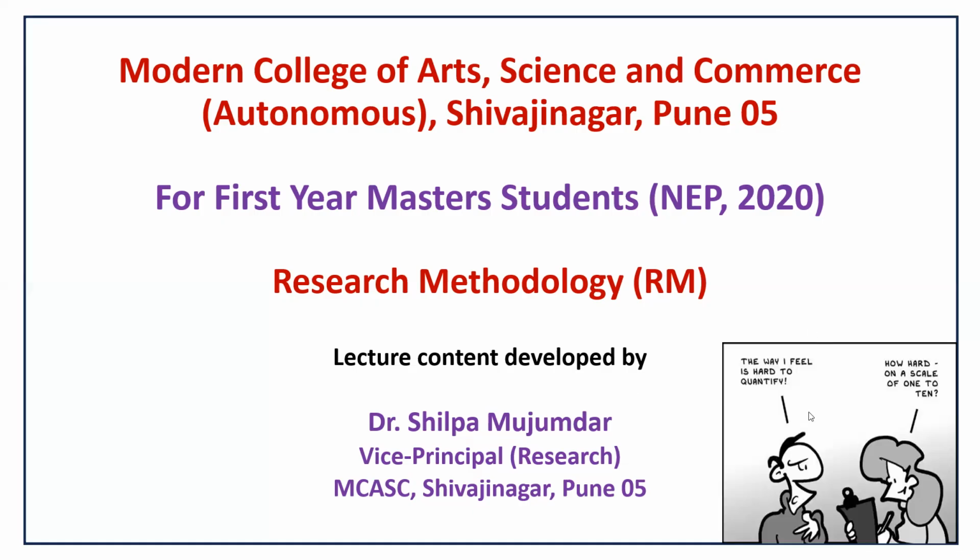Now you can see one cartoon at the right hand side. One of them is saying that the way I feel is hard to quantify. And another one is asking how hard on a scale of 1 to 10. It's just like when you go to a physiotherapist.